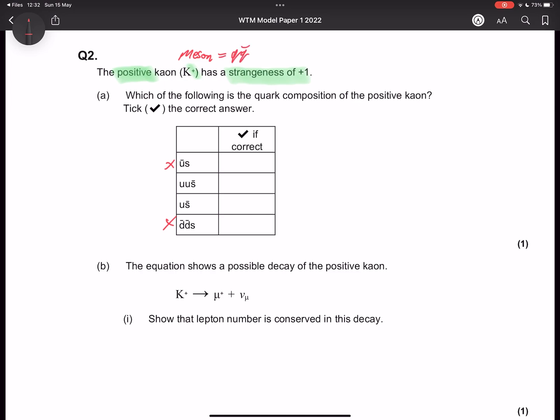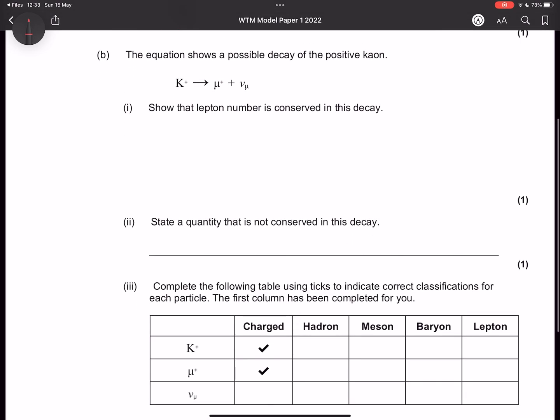We also have the list at the top of that page in the data booklet that states the names of the groups. K plus is listed there as being a meson, which you should know is a quark-antiquark pair. So that means we can immediately eliminate anything with a strange quark, as we must have an antistrange, and it must be a quark-antiquark pair, leaving us with only one option.